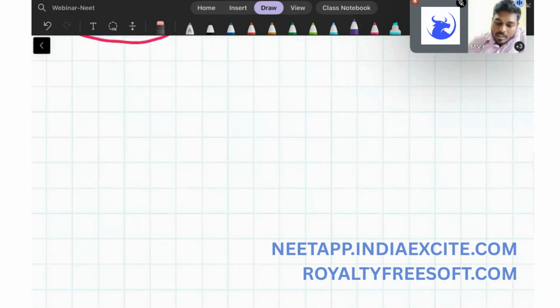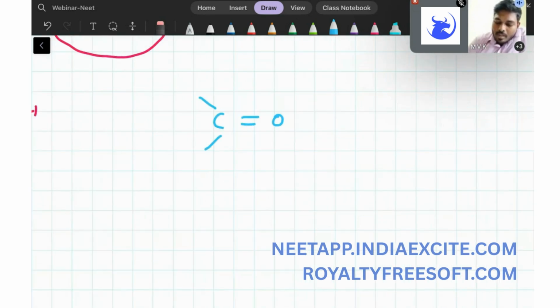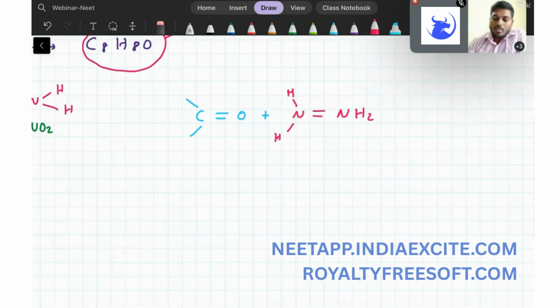And in NCERT, in the chemical properties of aldehydes there is a separate section dedicated to this, okay? I'm just telling this for your reference. So any carbonyl compound, when we react it with ammonia derivatives, let's say this is our hydrogen, what do we get?